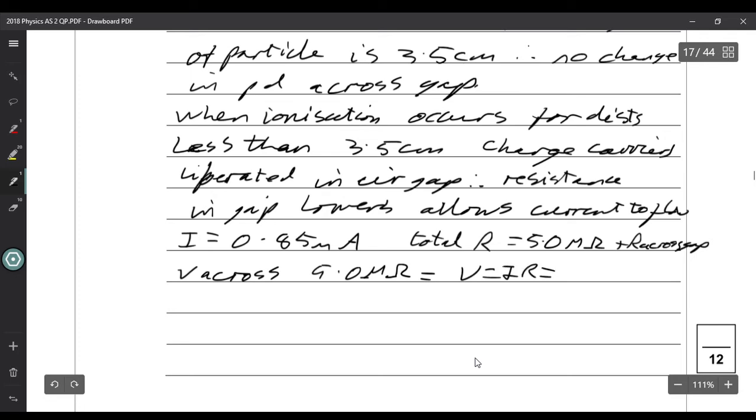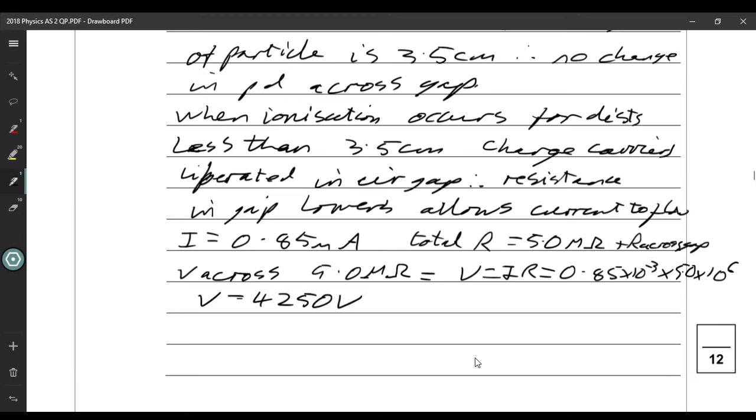We know the current is 0.85 times 10 to the minus 3, and we have a 5 megaohm resistor, so that's 5.0 times 10 to the 6. So V equals 4250 volts across the 5 megaohm resistor.